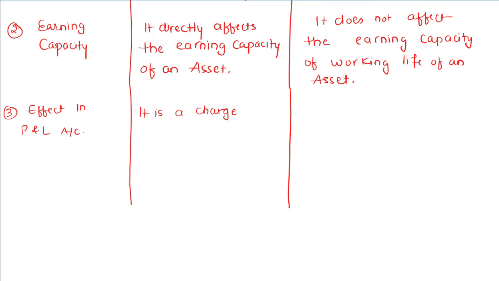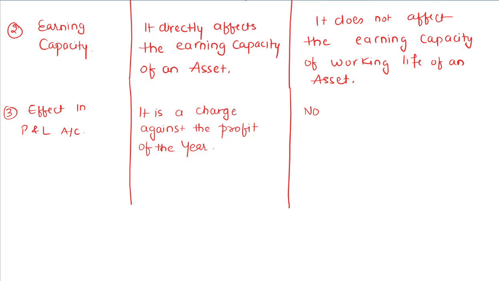Depreciation is a charge against the profit of the year. That means, for the proper ascertainment or for the true and fair view of the financial statement, depreciation must be included in the profit and loss account, and depreciation should be charged on the non-current assets.